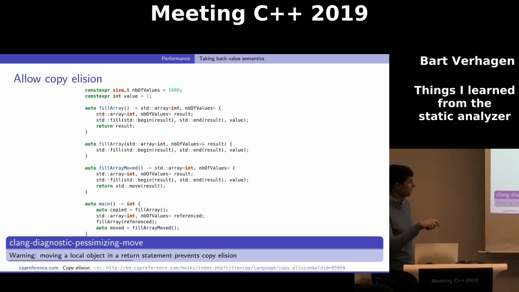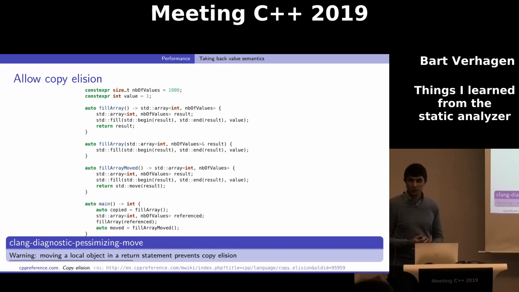So that means that this statement, using copy elision, is going to have the fill work directly on the memory taken by copies and not by the result here.